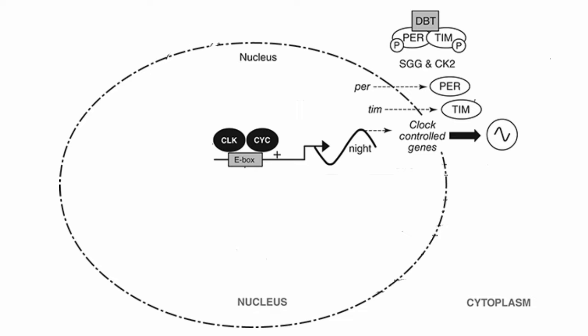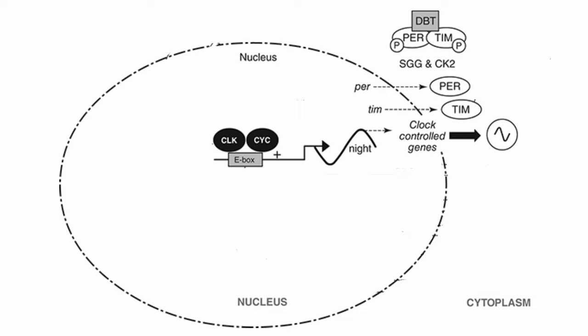There are two proteins, SGG, which is short for shaggy, and CK2, casein kinase 2. What they do is they phosphorylate the per and tim dimer. And when per and tim form a dimer, it actually forms a complex with double time, so it's actually three proteins bound together.